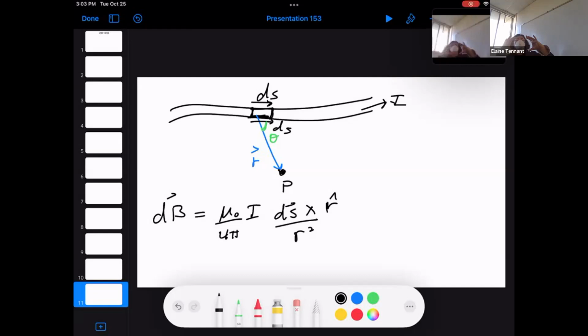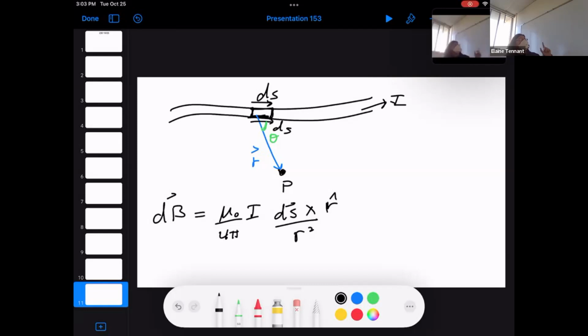And so as you're moving out, you can think of this same magnetic energy, let's call it, for the moment, getting spread out over this area. And since areas go as distance squared, we're spreading this out over a distance squared. Is that okay? Okay, yeah. So a 1 over r squared dependence.